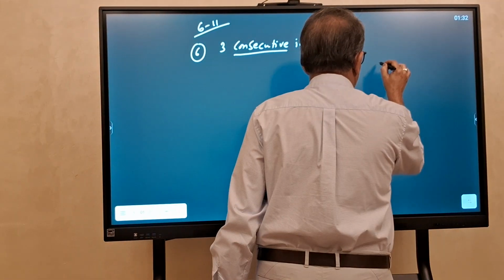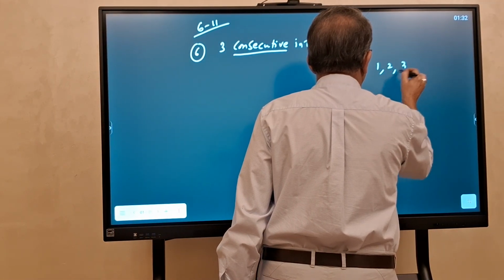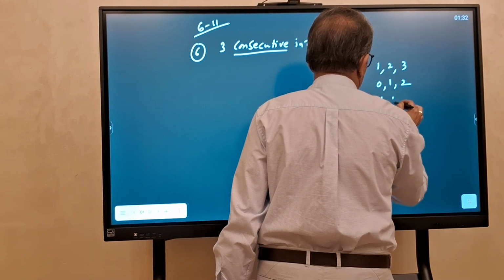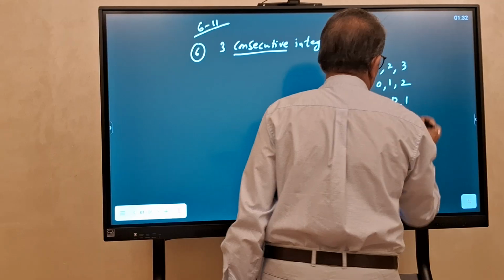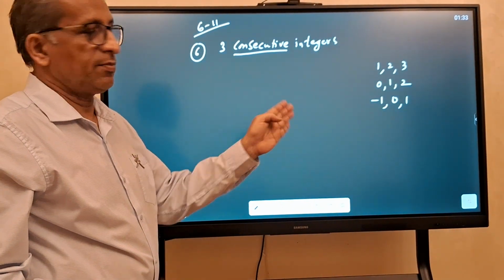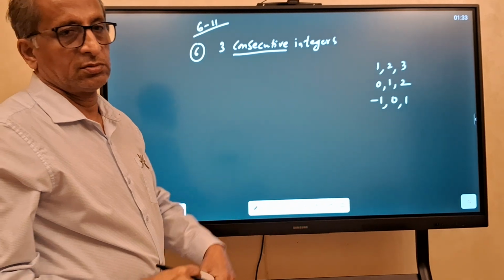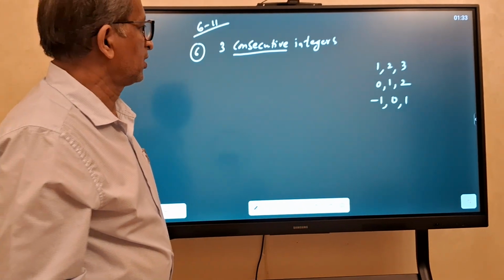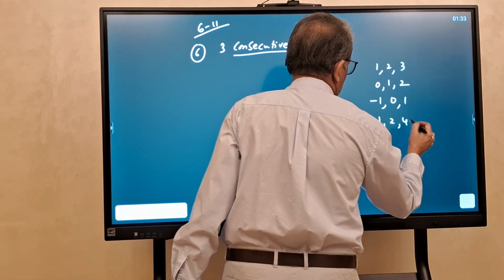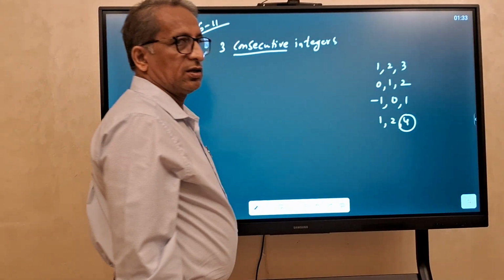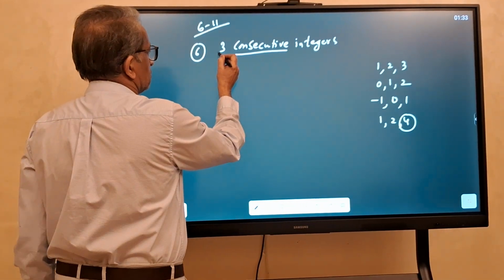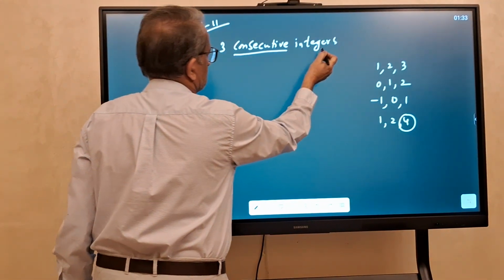Consecutive means 1, 2, 3, or 0, 1, 2, or minus 1, 0, plus 1. These are all consecutive, because every time I am adding 1 to get the next number. This is not consecutive because you got the third number by adding 2.